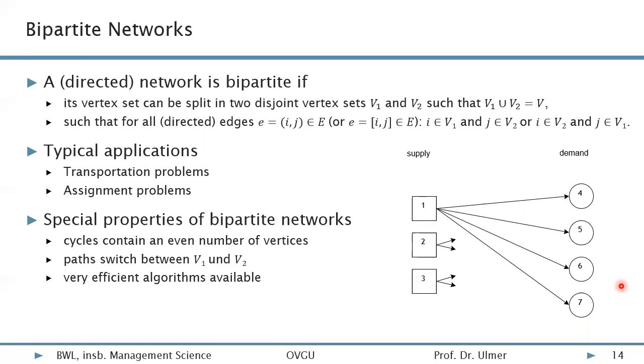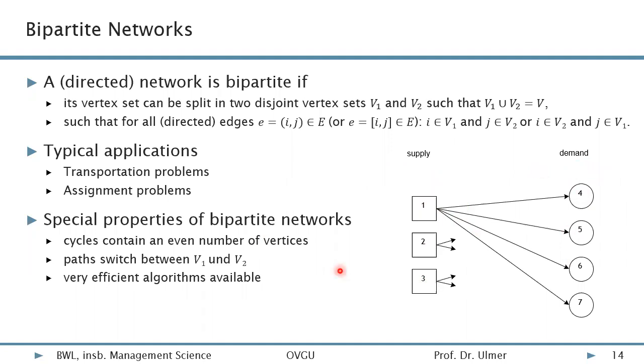But again, a candidate is not suitable for a candidate, and a job is not suitable for a job. So there are no connections between these individual sets. And there are several special properties of this. If we ignore directions, then cycles always have an even number of vertices. So a cycle would go from this part to this part, then against the direction back, and would always lead to an even number of vertices in each cycle.